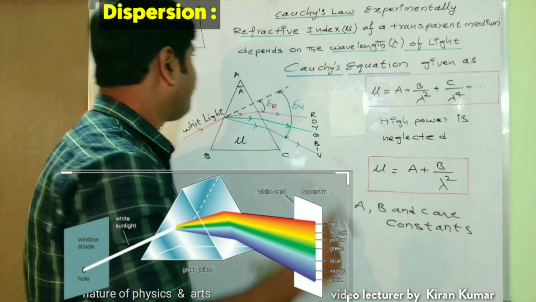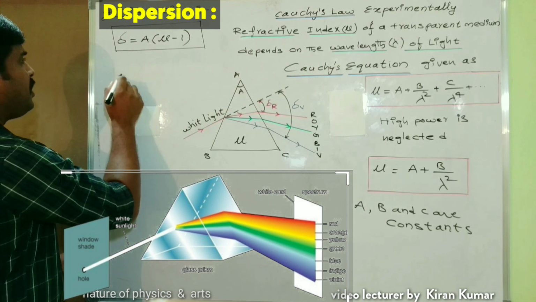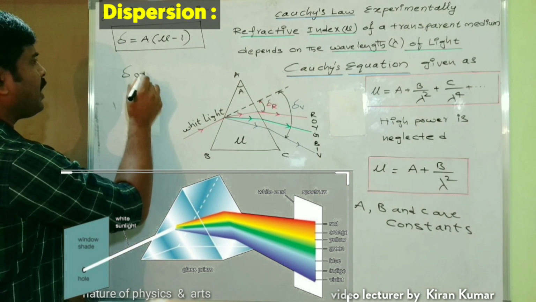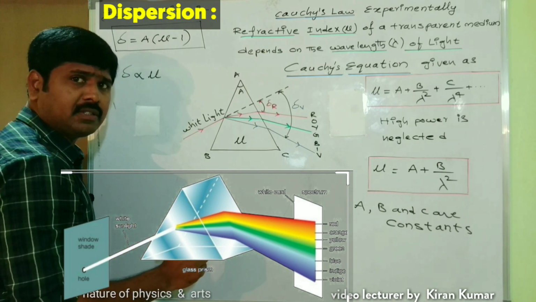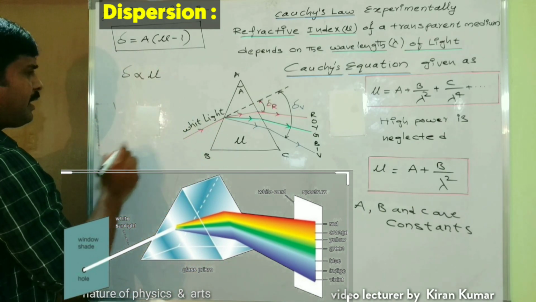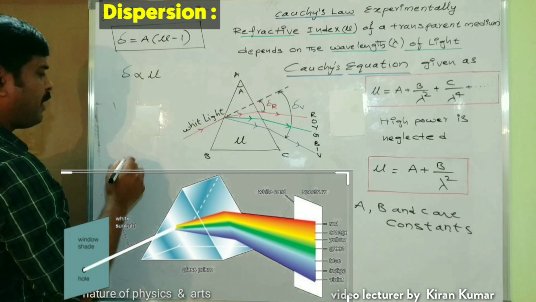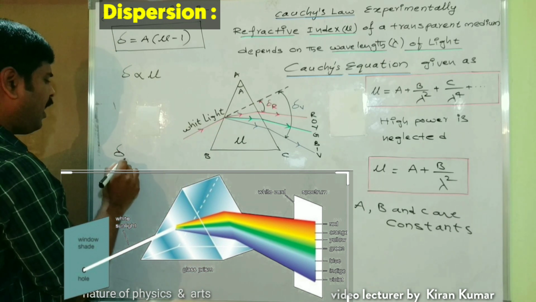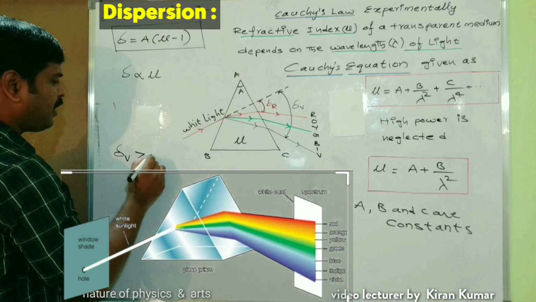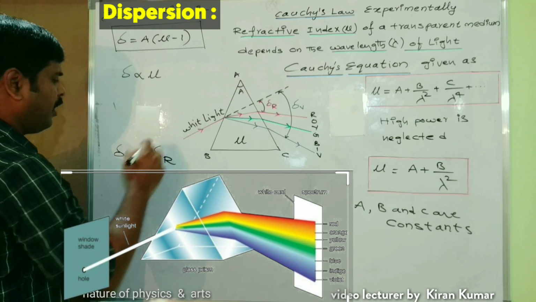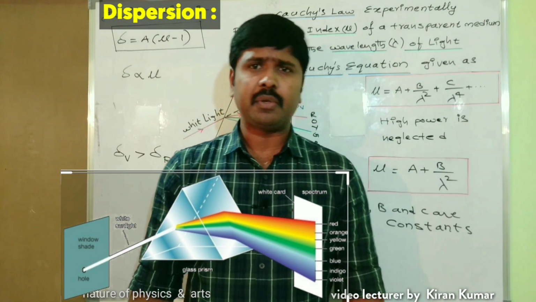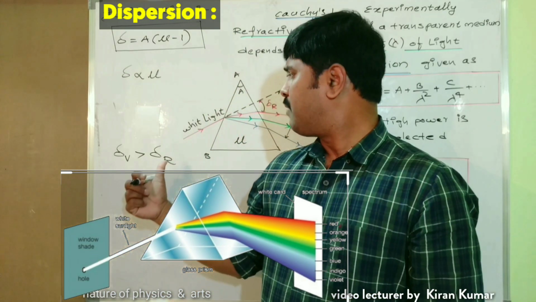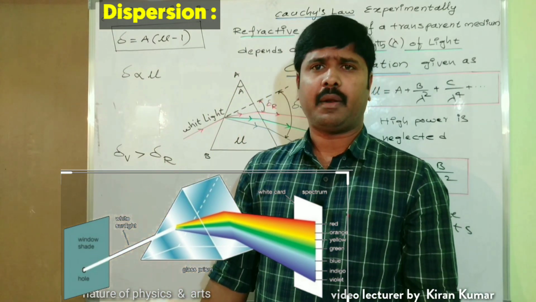From this relation, the deviation angle is directly proportional to the refractive index. But according to the experiment, we got delta V greater than delta R. The deviation angle of violet color is greater than the deviation of red color.